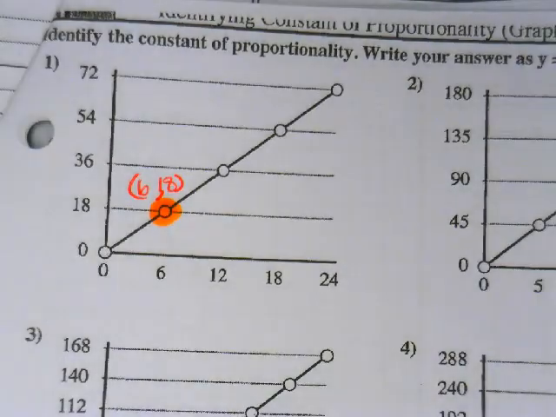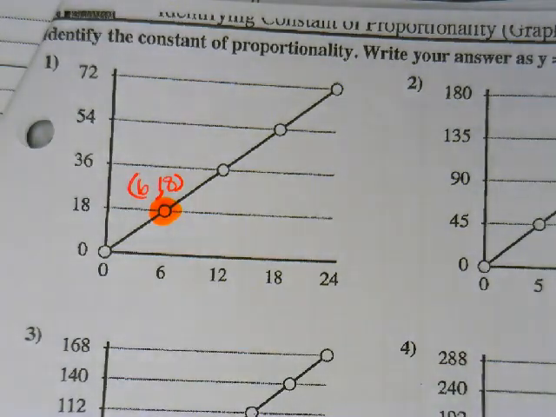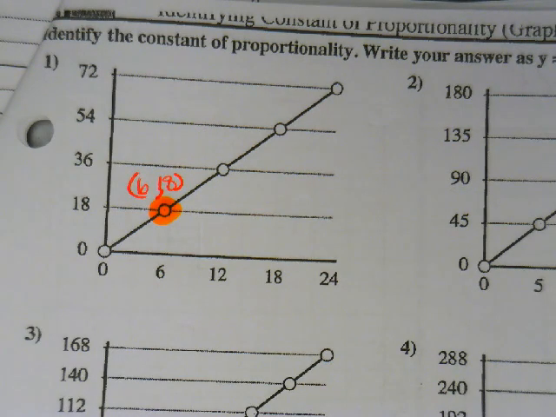Okay. So, given 6 and 18, how do I find the unit rate? What do I have to do with 6 and 18 to find the unit rate?